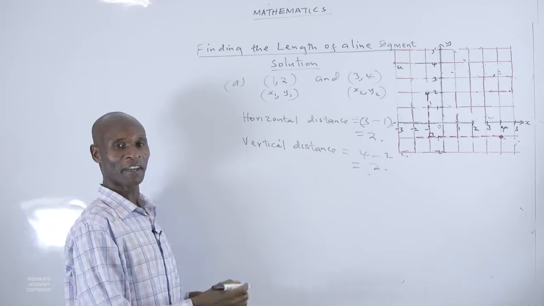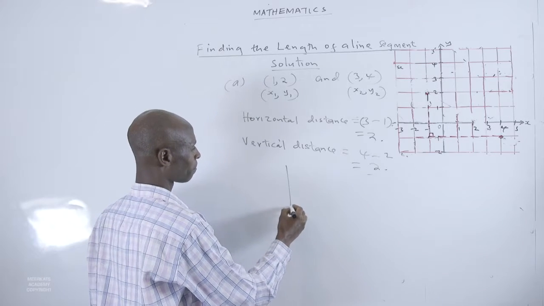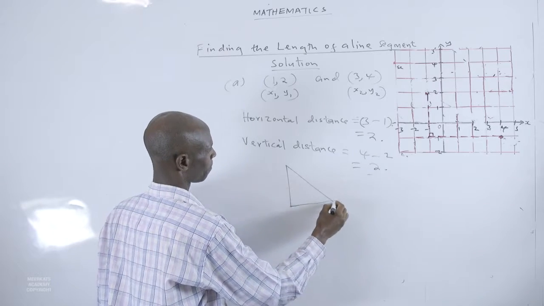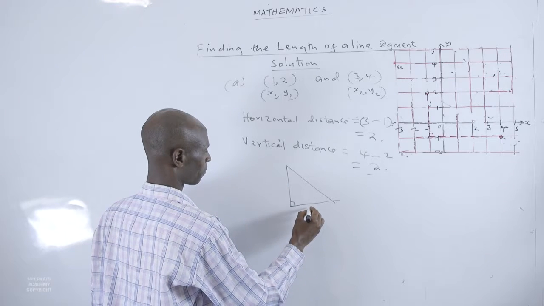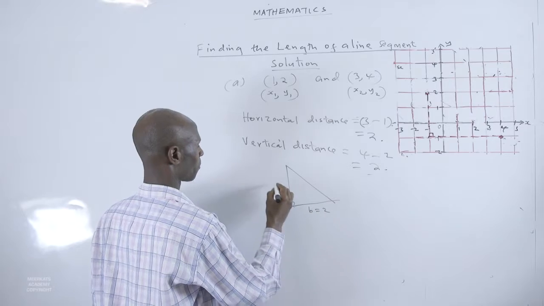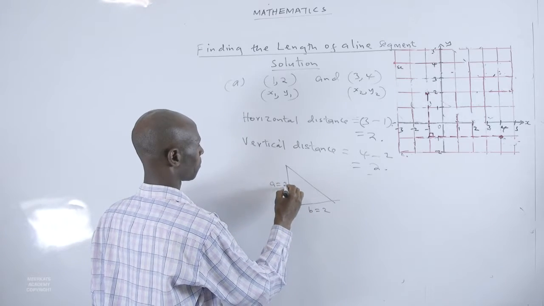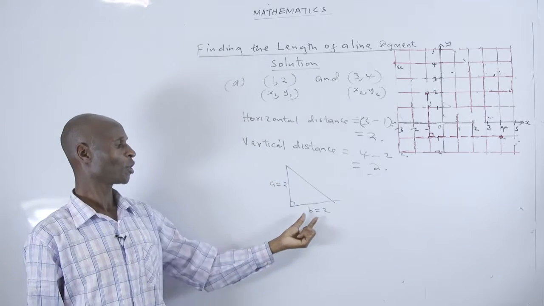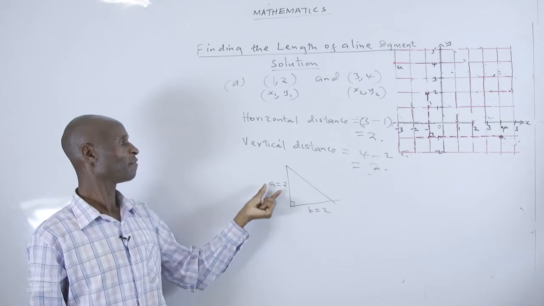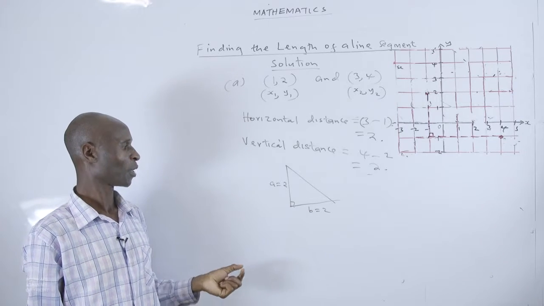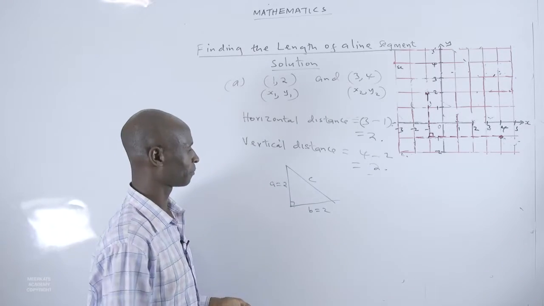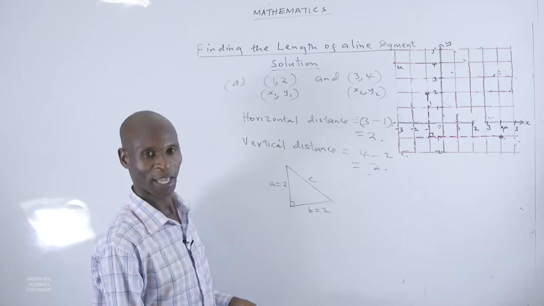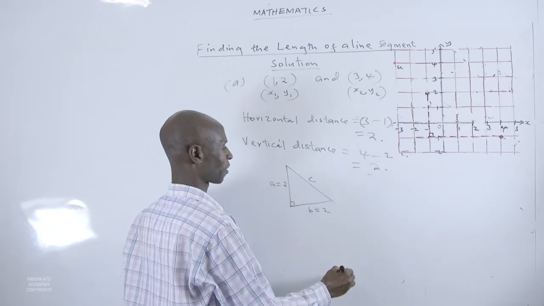That means we have a right angle triangle where the horizontal distance is 2 and the vertical distance is also 2. We need to get the hypotenuse, which is represented by C. And that is the length of that line segment.